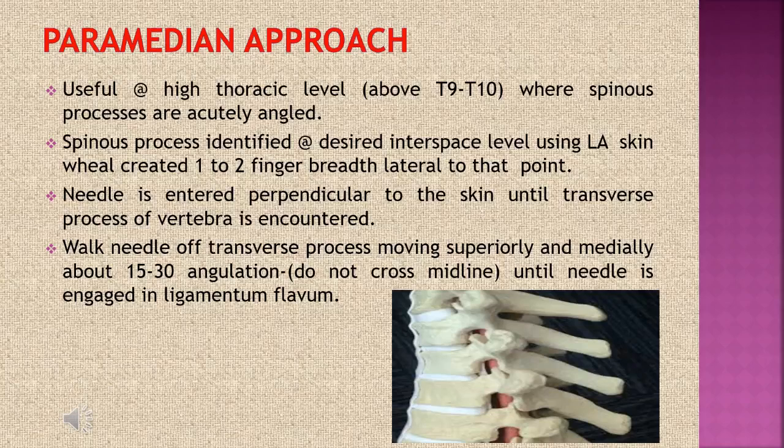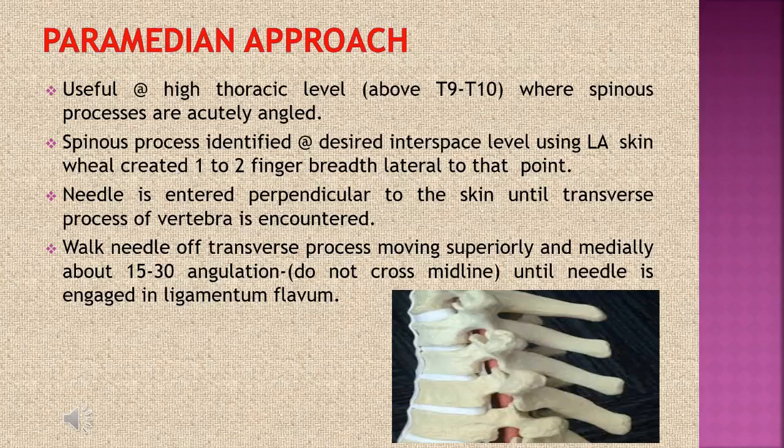How to find the epidural space by paramedian approach? It is useful at high thoracic levels above T9 to T10, where spinous processes are acutely angled. First, we have to identify the spinous process at the desired interspace level. Now, with local anesthesia, a skin wheal is created 1 to 2 finger breadths lateral to the entry point.